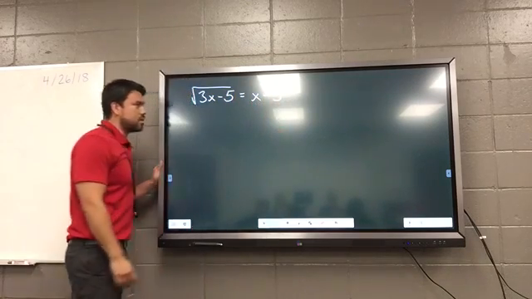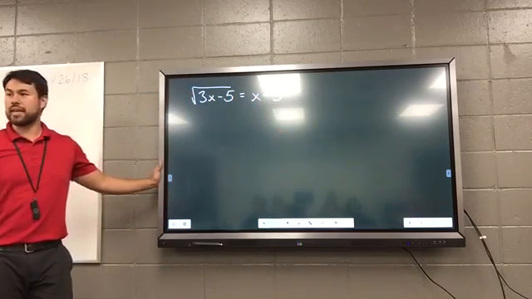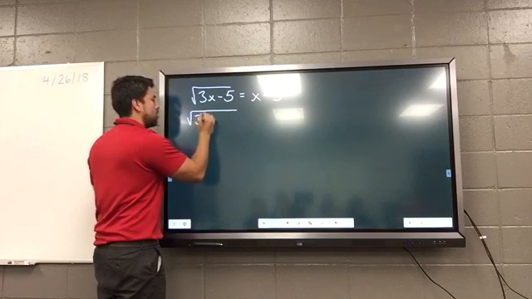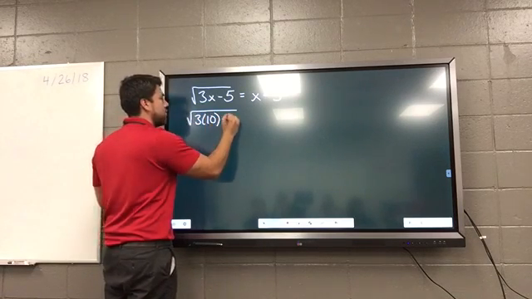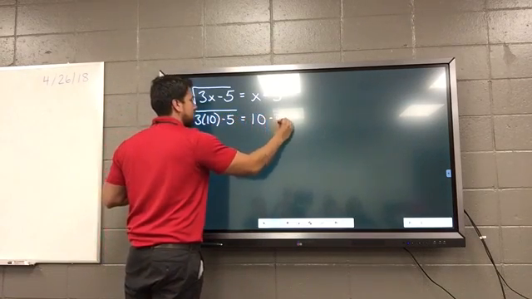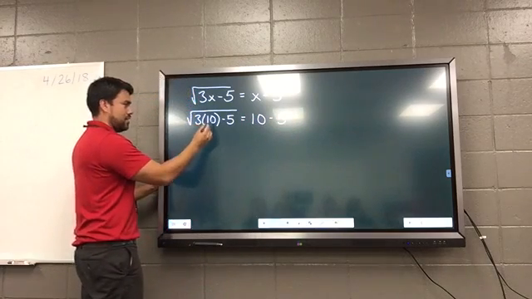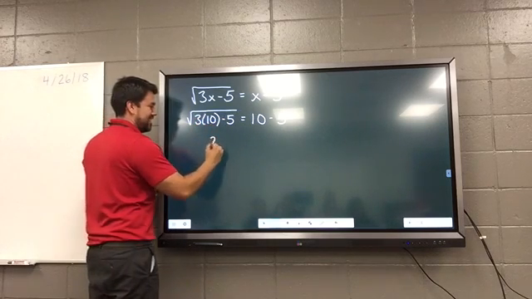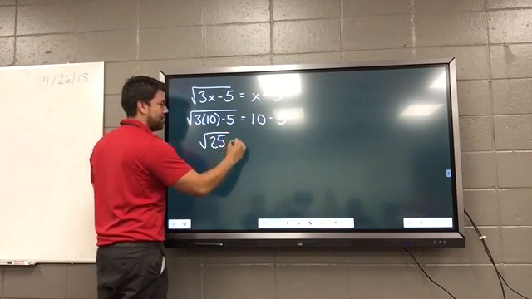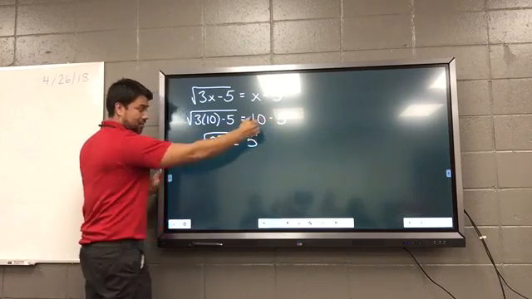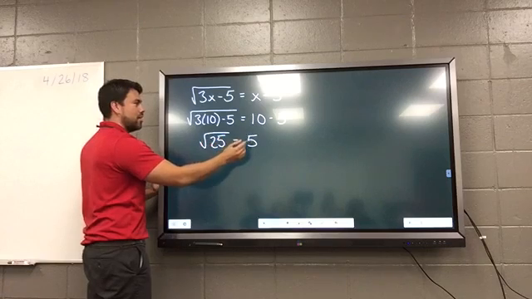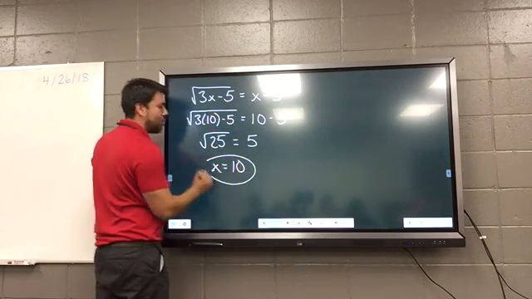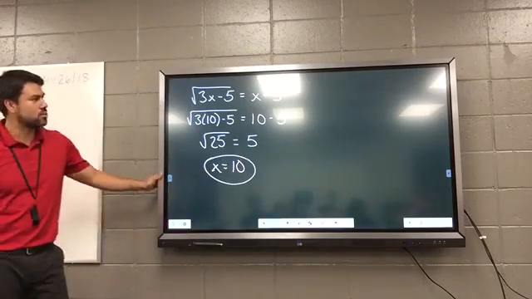I'm going to check it twice, once with 10, once with 3. So 3 times 10 minus 5 equals 10 minus 5. What's 3 times 10? 30. 30 minus 5 is 25, and the square root of 25 is 5. Is this true? Yeah, because x equals 10. We checked it, 10 works.